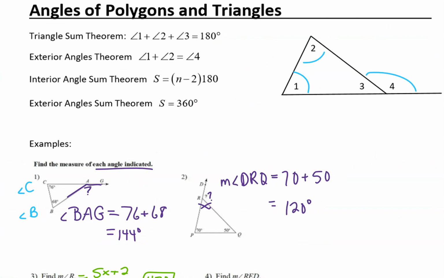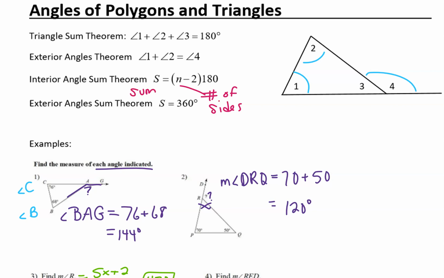It says S, the sum of all of the interior angles, all of the inside angles of the polygon, is equal to the number of sides the polygon has minus 2, because that tells us how many triangles it would make, and then times 180, because that's how many degrees are in each one of our triangles.